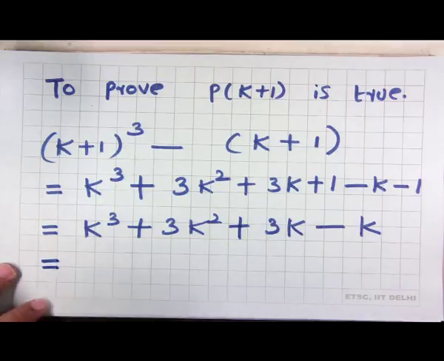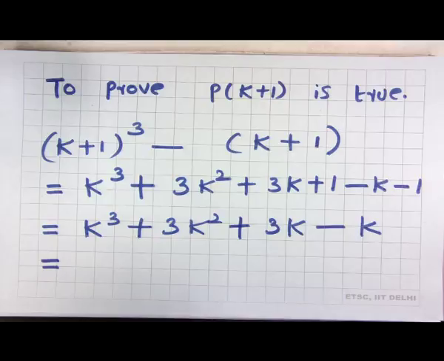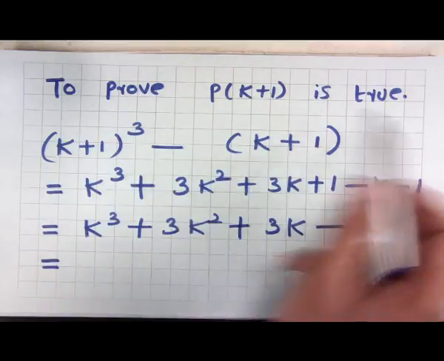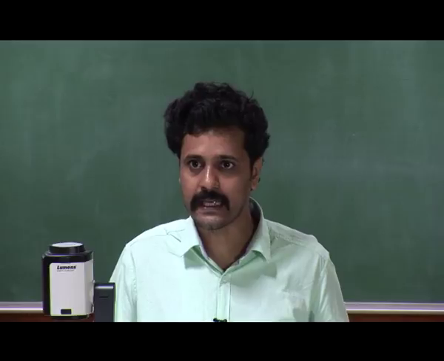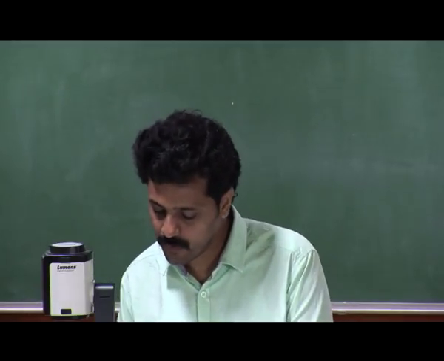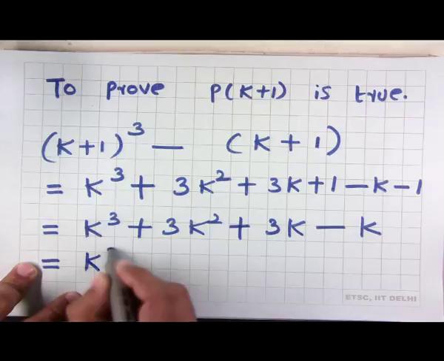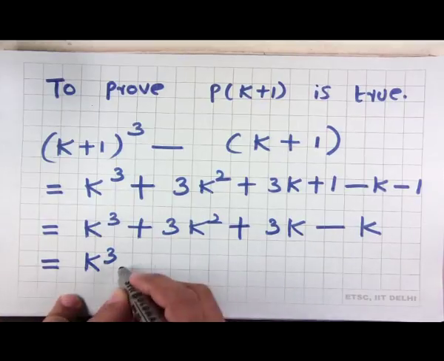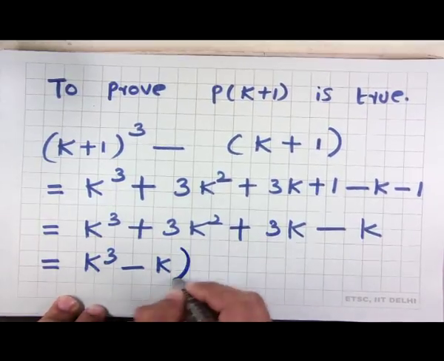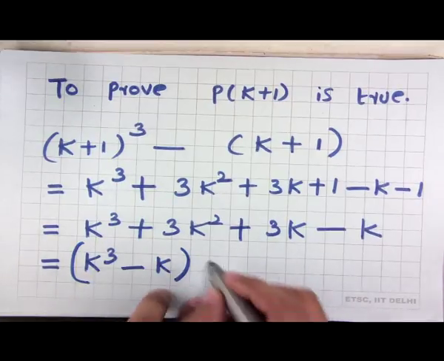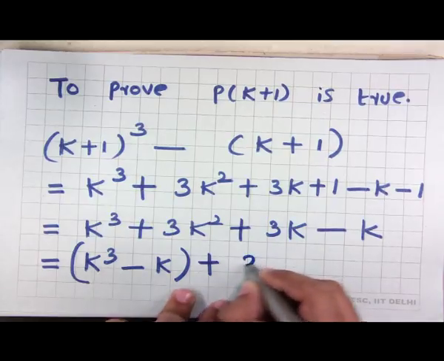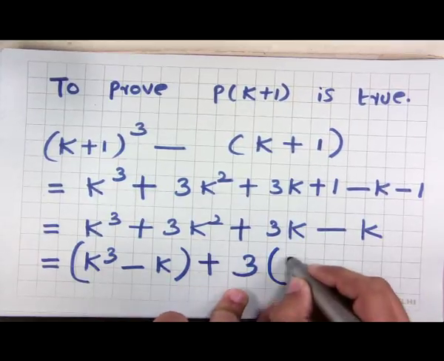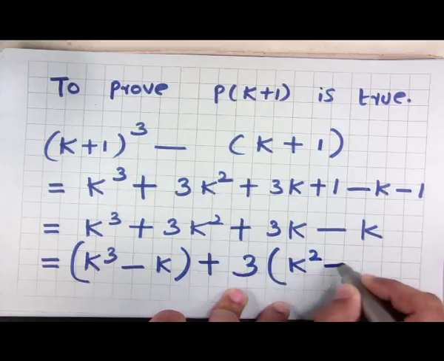Why? Because note that what we have to prove is that this left hand side is a multiple of 3, and what we have by inductive hypothesis is k cube minus k is a multiple of 3. So, let me combine that k cube and minus k, which I have written as the last term, together, and then from the second and third terms I can take a 3 outside and write it as k square plus k.